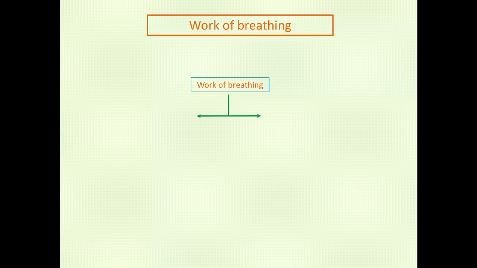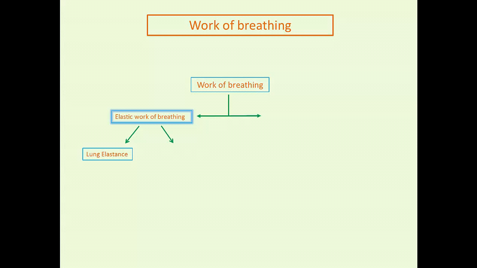So just breaking this down graphically, work of breathing, you can think of in terms of elastic work of breathing. And again, when you're approaching a patient at the bedside, or you're approaching an arterial blood gas analysis, and you're thinking of, for instance, why a patient might be retaining carbon dioxide, you can think of it in terms of elastic and resistive work of breathing, because both of these can impair ventilation and drive up your carbon dioxide levels in your blood.